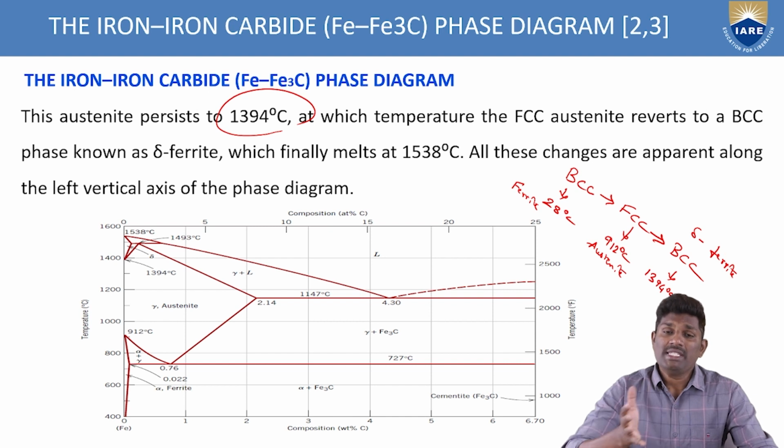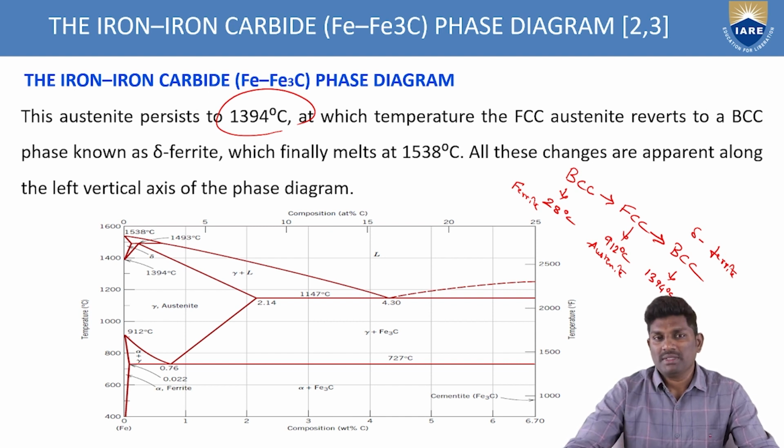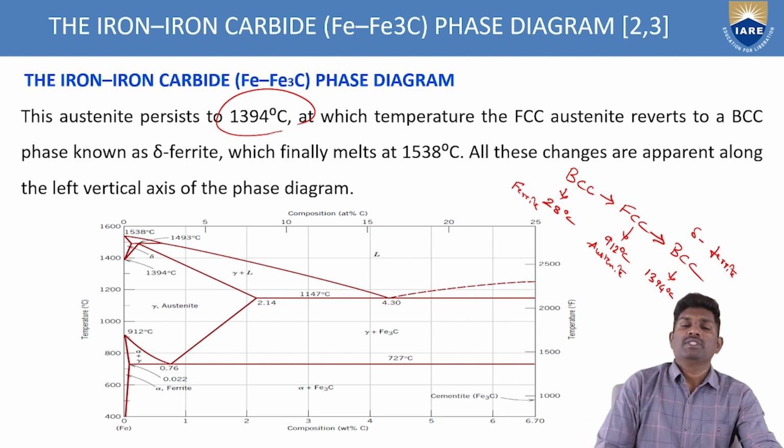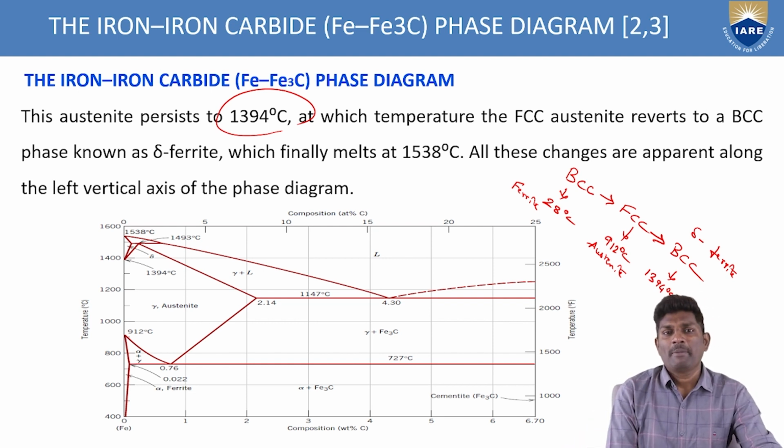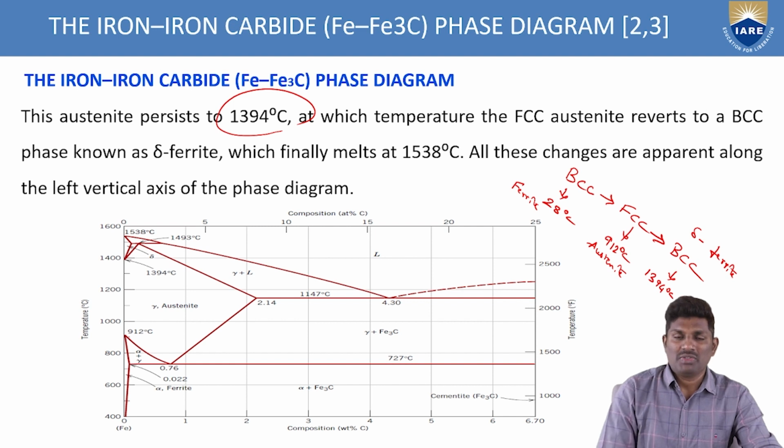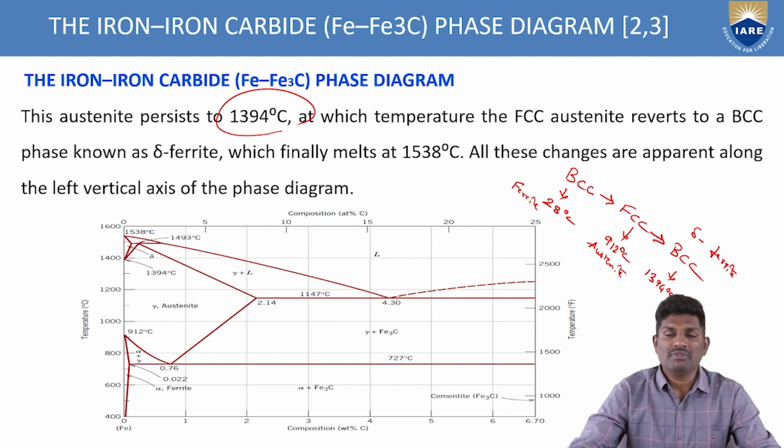So there is a change with respect to temperature. BCC to FCC and FCC to BCC. Earlier it is called ferrite at room temperature, and slowly if you heat up to 912 degrees centigrade, it reaches the austenite temperature, and if it is further heated up to 1394 degrees centigrade, it converts again to BCC as delta ferrite. So this is the transformation of the microstructure of pure iron, as you can see clearly in the phase diagram.